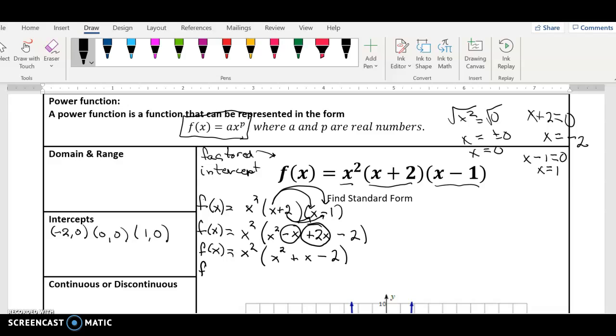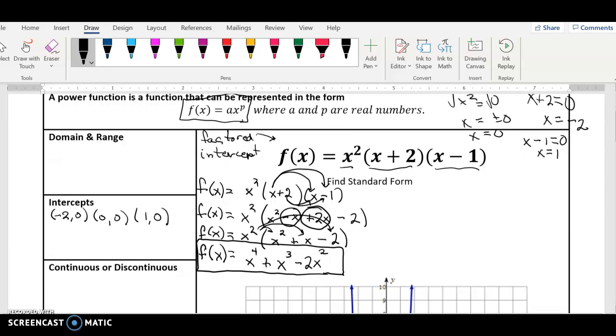I will now distribute the x squared to the terms in the trinomial. X squared times x squared is x to the 4th power. X squared times x is plus x cubed. X squared times a negative 2 is negative 2 x squared. And there we have the polynomial function.